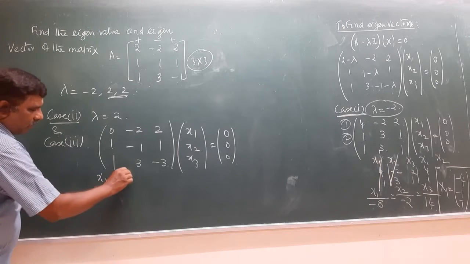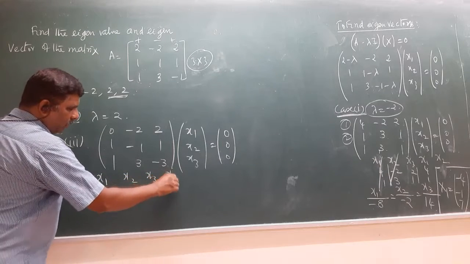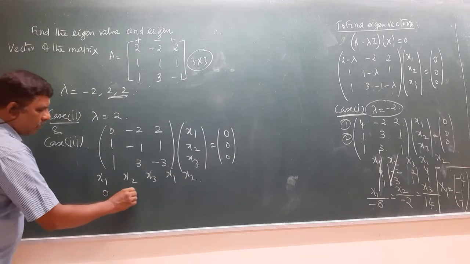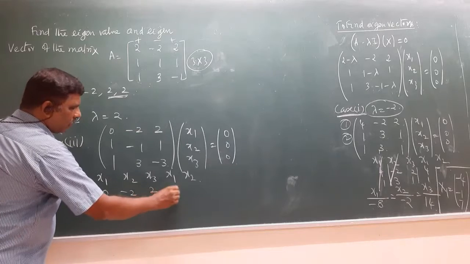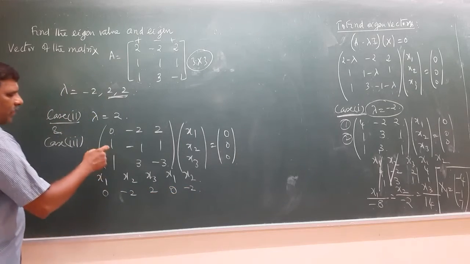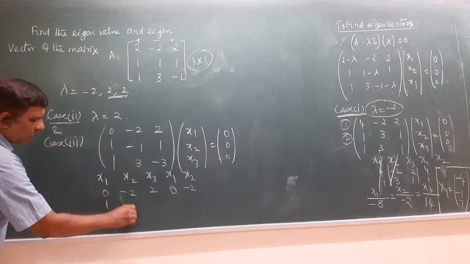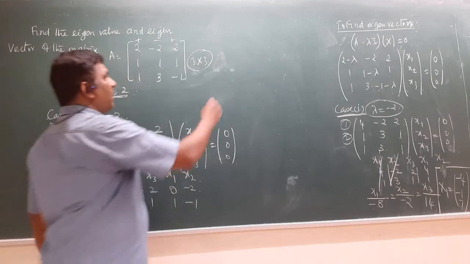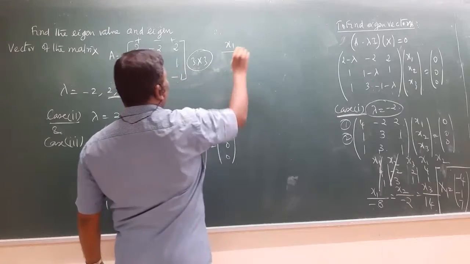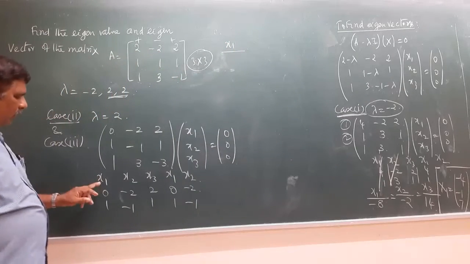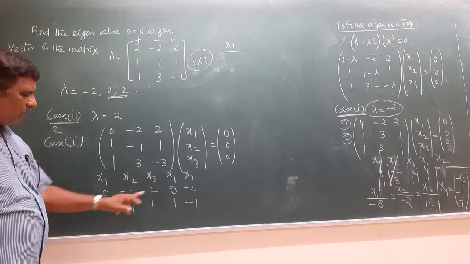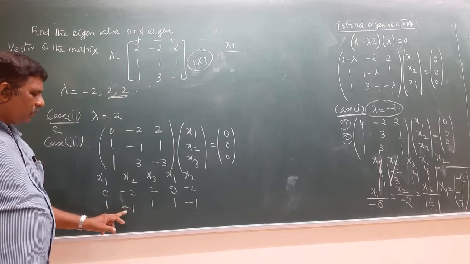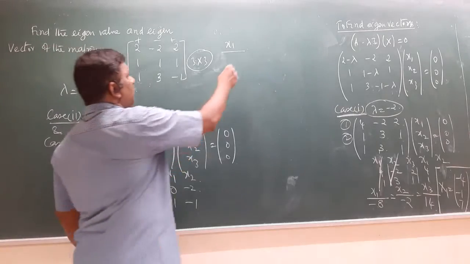Write x1, x2, x3, x1, x2. So 0, minus 2, 2, 0, minus 2; similarly here 1, minus 1, 1, 1, minus 1. To find x1, leave the x1 column and take the determinant of the next two columns, that is minus 2 plus 2, 0.